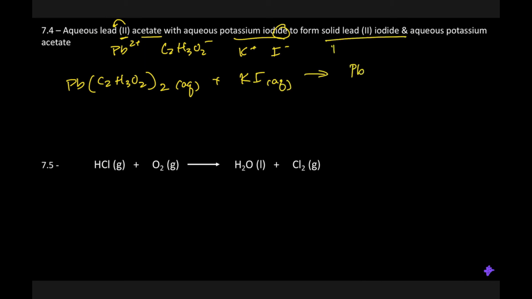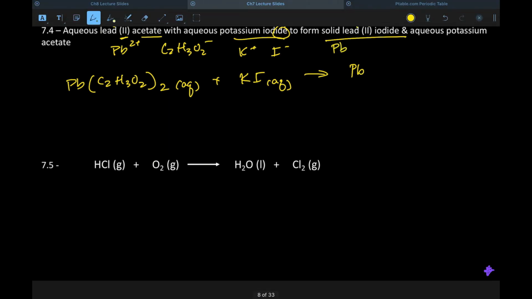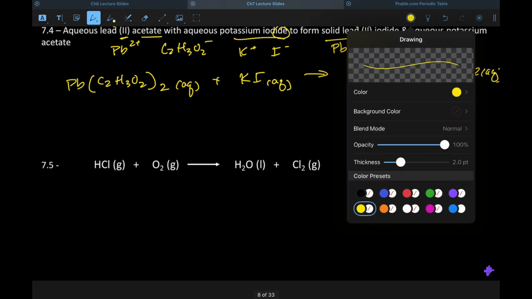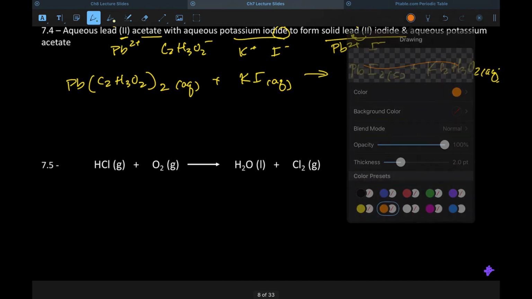So again, that 2 goes to that lead, so that's Pb2 plus and I minus, so PbI2 solid, plus potassium acetate aqueous, okay?